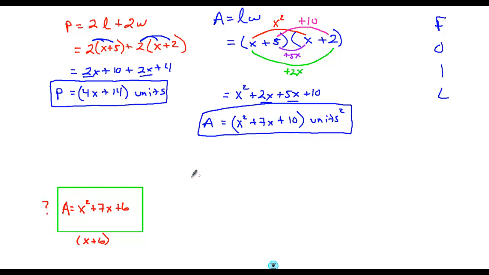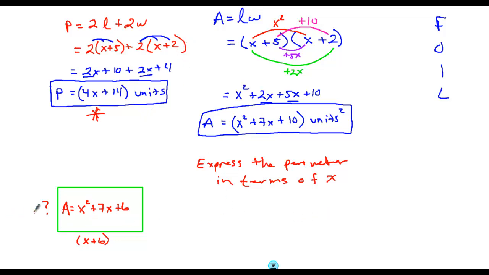And you may get problems like this, and what they're going to ask you to do is express the perimeter in terms of x. What that means is they want you to do 2 times the length plus 2 times the width, like we did in the last problem.